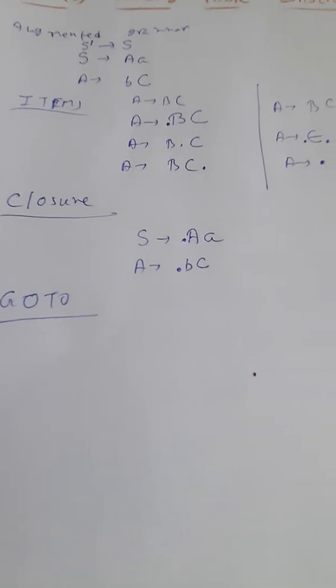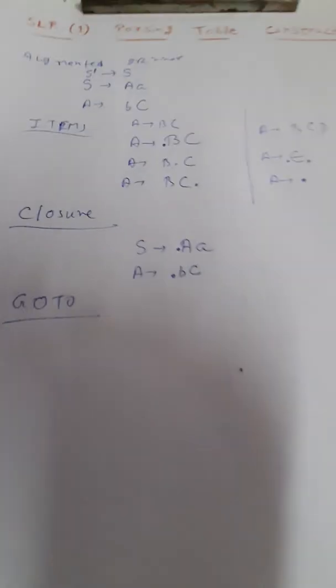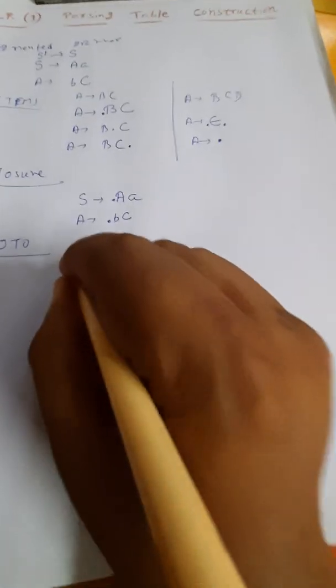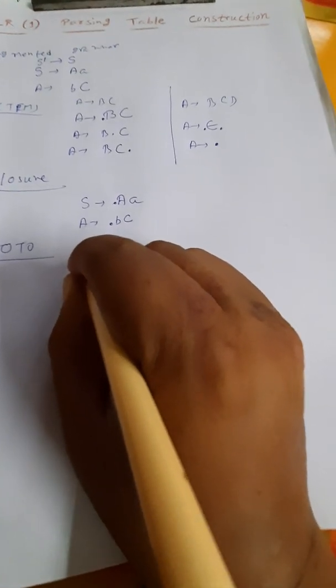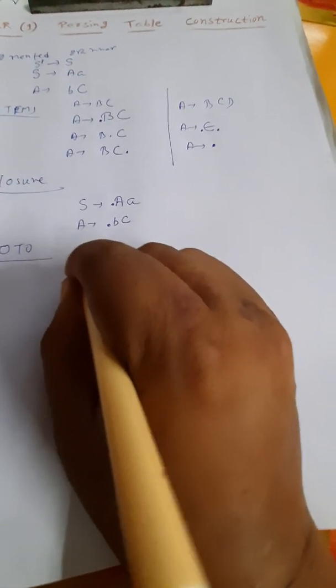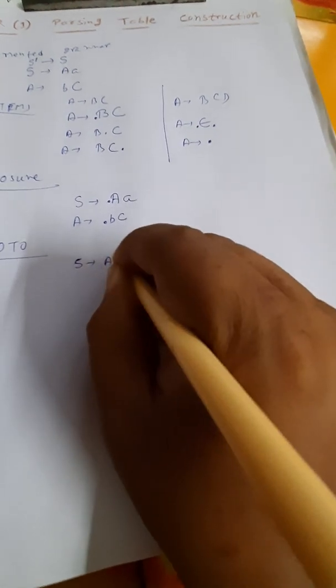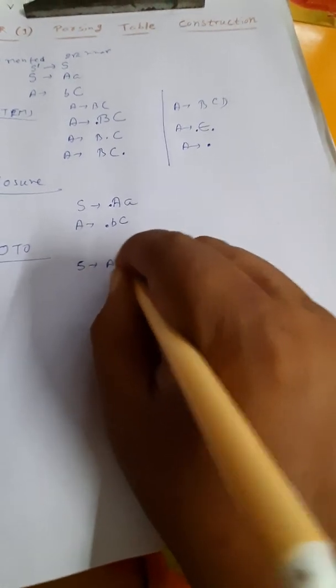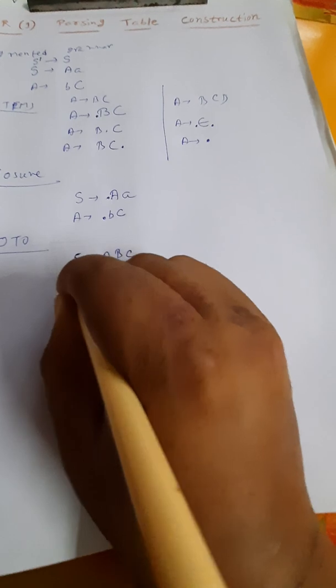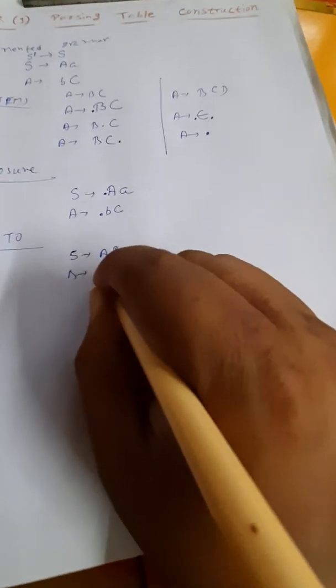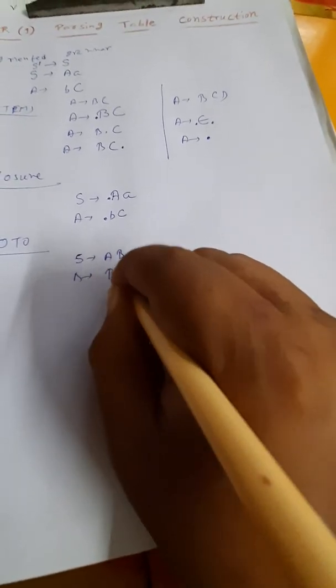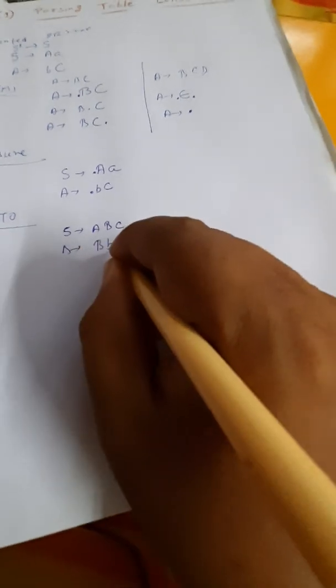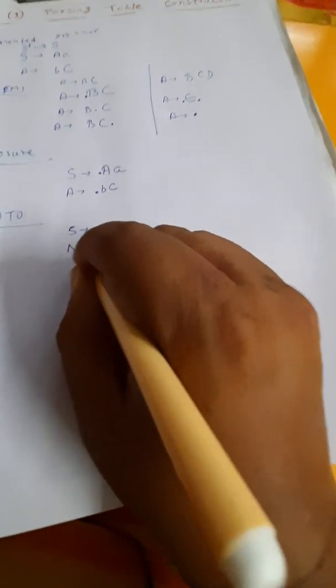The symbol may be terminal or non-terminal. Suppose for example the set of rules is this: S produces A, B, small c, where B produces capital B, small b. Suppose capital C produces small c, and so on.